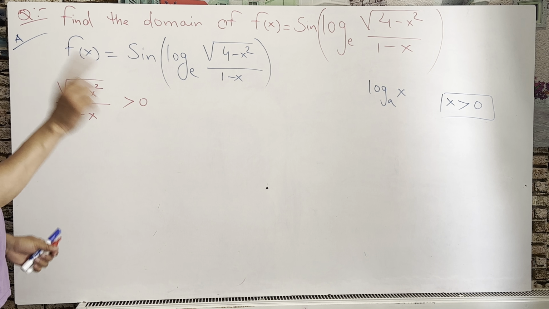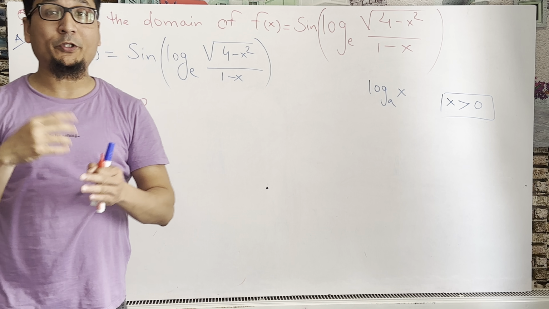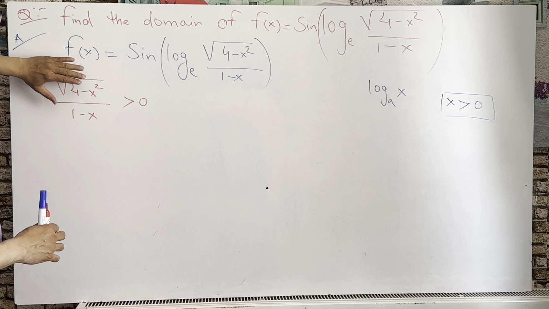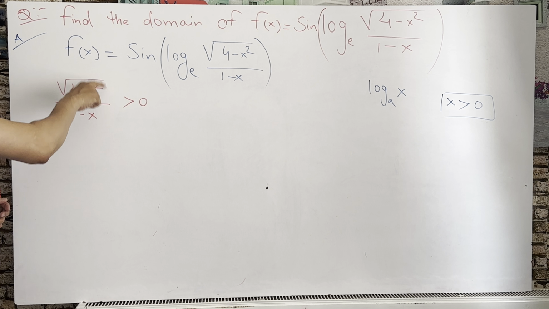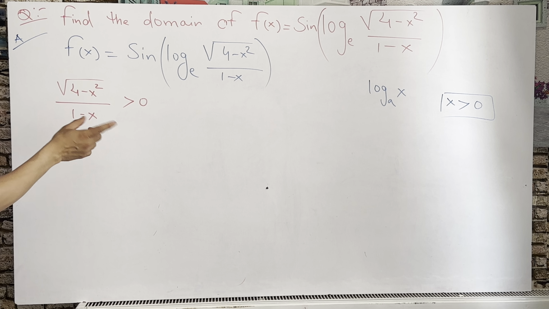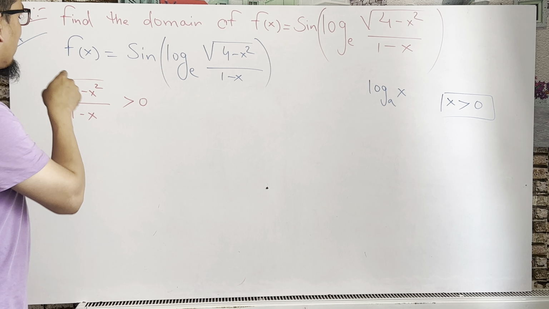One more thing: you have to be sure of two things. The first is that it is a square root function, and the second is that it is a rational function, and in a rational function you cannot have the denominator equal to 0. These two things are very important when you solve these questions.